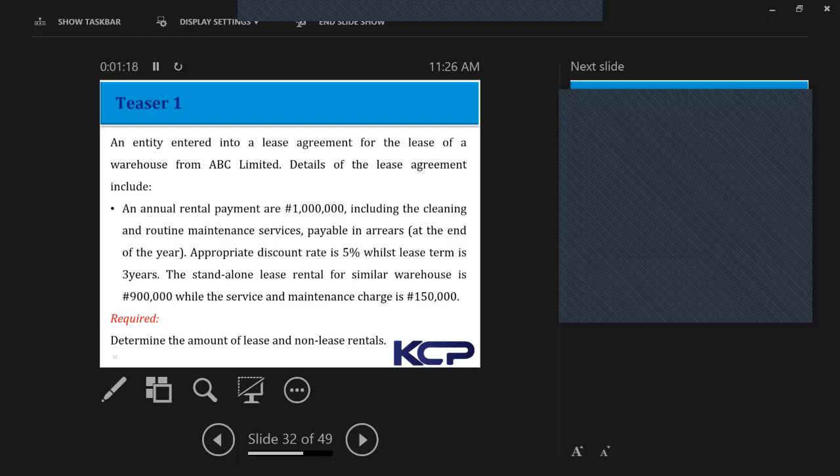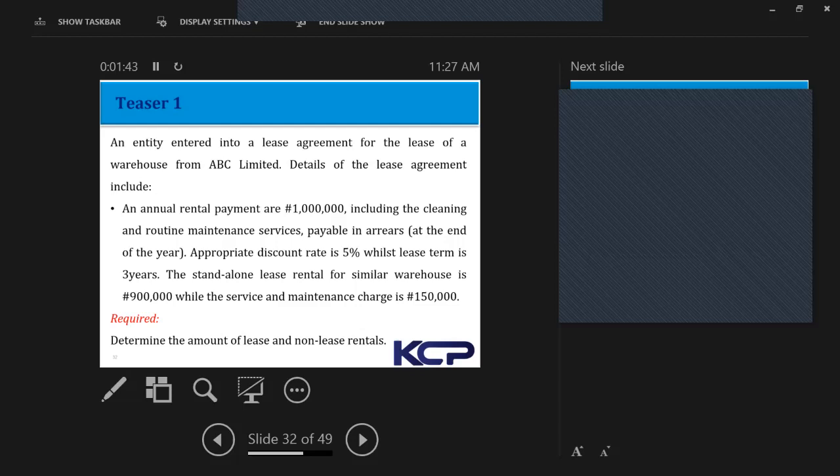However, we have a similar arrangement which is very close to this particular rental arrangement. In that similar arrangement, the standalone lease rental was 900,000 and the non-lease component is 150,000.